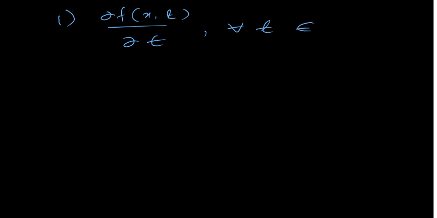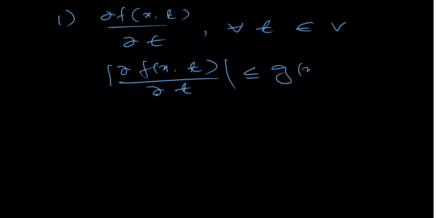First property: suppose this partial derivative of f(x,t) with respect to t exists for all t belonging to a neighborhood V of t naught, and there is a non-negative integrable function g such that the modulus of the partial derivative of f(x,t) with respect to t is dominated by g for all t belonging to V, where V is a neighborhood of some particular point, say t naught.